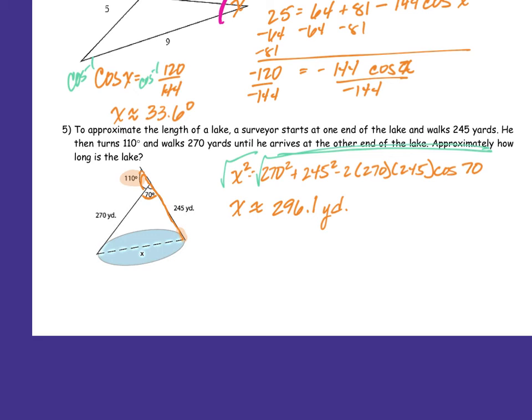If some of you used 110 degrees in your formula, that would give you the wrong answer. I don't know if that's why some of you didn't quite get the right answer, because you used 110 instead of 70, but it would be 70 there. Okay, let's go to the next one.